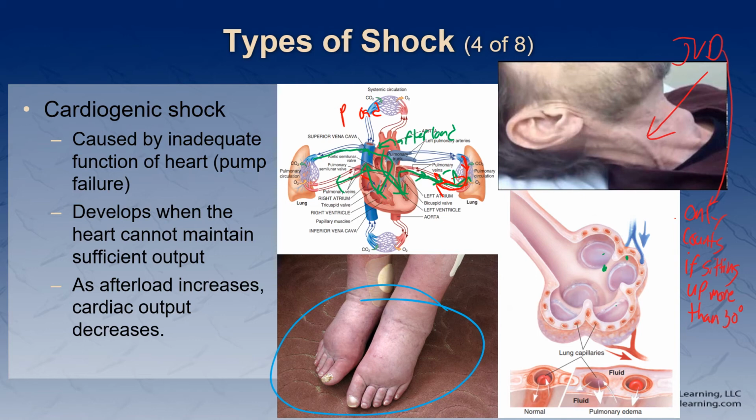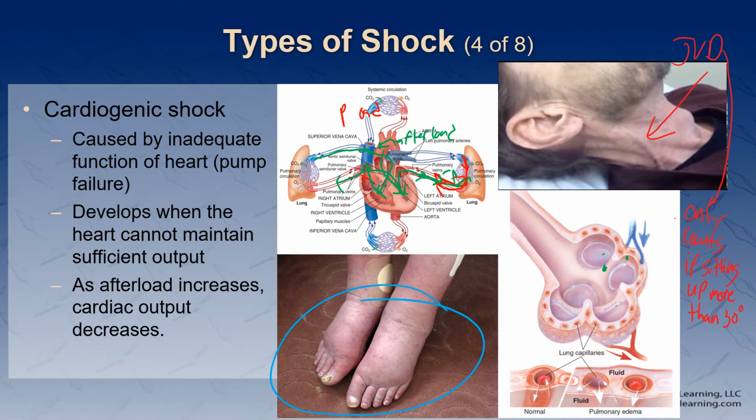And there are some things that will cause the right to fail first. If somebody has pulmonary hypertension, right, where the pulmonary artery has chronic constriction, or it's too small, or you've got COPD and you've got chronic inflammation in the lungs, and you've got this high pressure in the lungs all the time, that can make the right heart fail first.